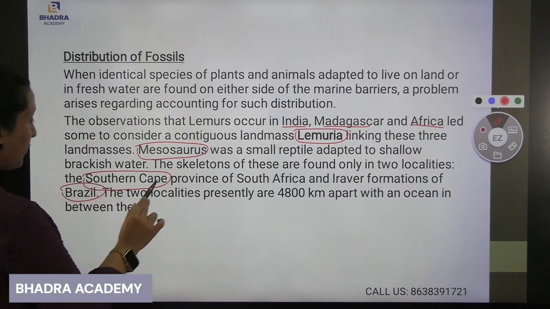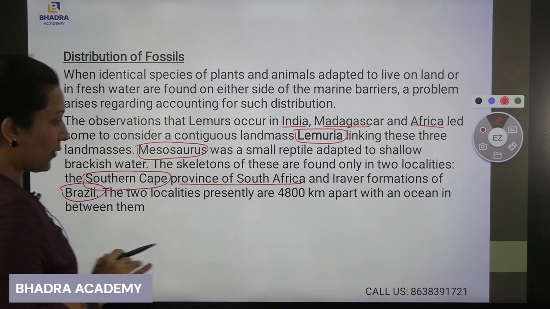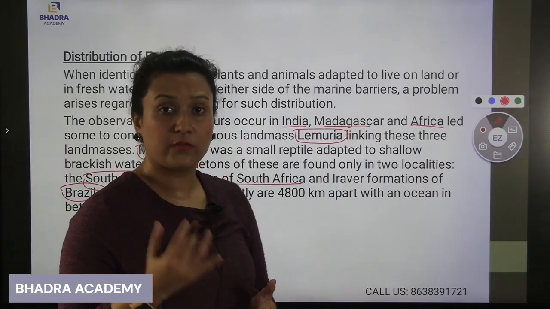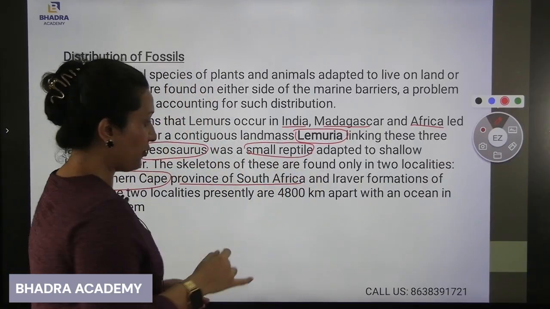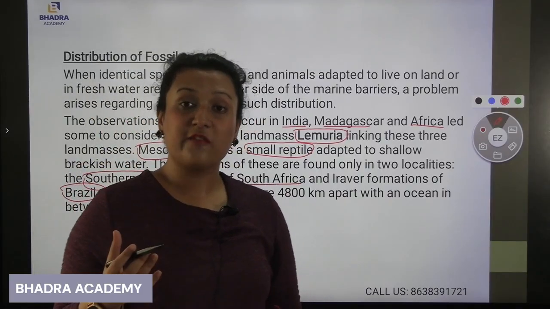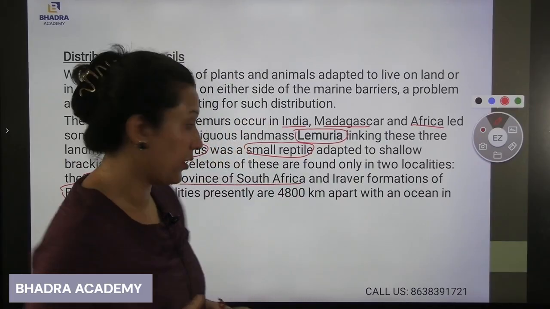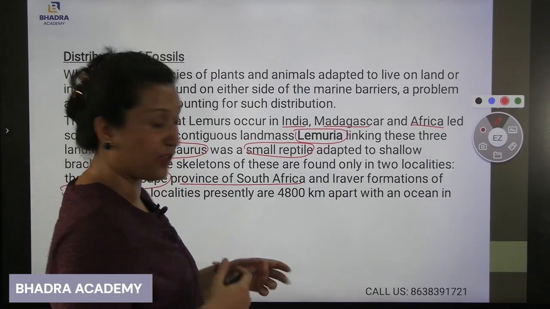Brazil means South America, and the southern Cape means South Africa. So Africa and South America have some connection with the help of the finding of this small reptile. This reptile mostly survived in brackish water, but has been found in southern Africa and in the Irati formations of Brazil.